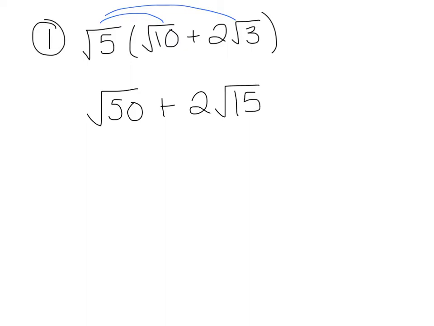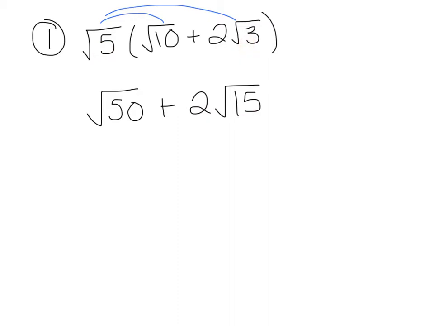Now the reason why it's 2 square root of 15 is because this 5 here will not get multiplied by the 2, because the 2 is on the outside, the 5 is on the inside. You cannot multiply things on the outside and inside together. If there was a 2 out here, we could take the 2 times the 2 and there would be a 4 here. But there's only a 1 here, so we took 1 times 2 to give us the 2. You can only multiply the 5 by the 3 to get the 15.